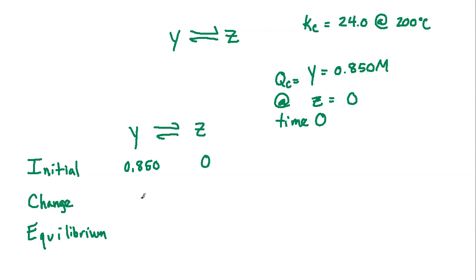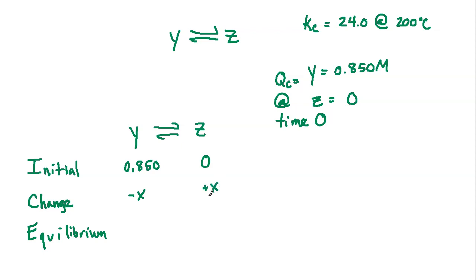The change is that we're going to lose some amount of Y. Now, we don't know how much that is at the moment. So what we do is we put a placeholder in here and we say we're going to lose some amount, and we'll just call that x for a general variable while we're solving and doing algebra. Now, if I lose a certain amount of x, then I have to gain that amount of x over here.